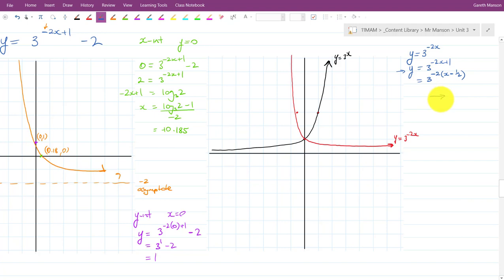So I end up with this point here, which is actually 0, 3, interesting enough, and that point moves out by a half, and I get a function that looks like this. It hasn't moved much, and I've not done a great job here, but basically it's just shifted by a half that way. And so it's y equals 3 to the power of -2x plus 1, and we do need to consider that factorisation because the c has to have a b value included for it to actually be a translation.